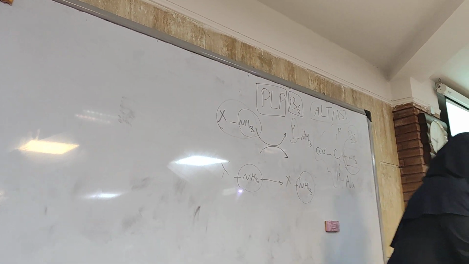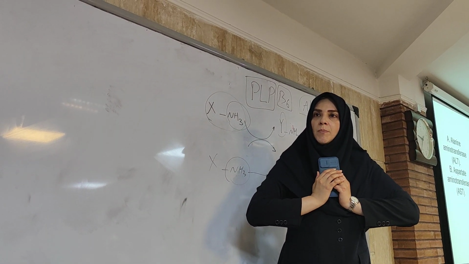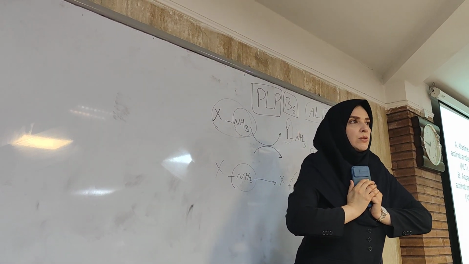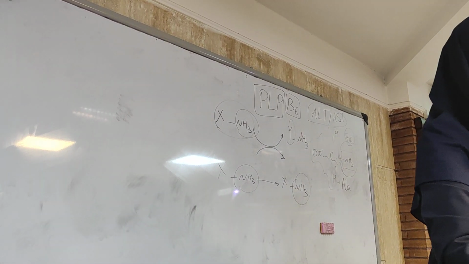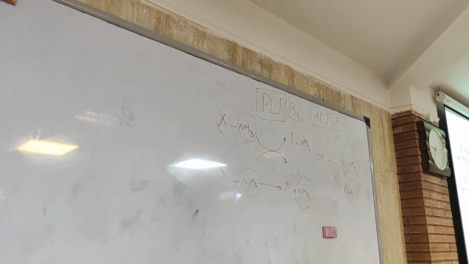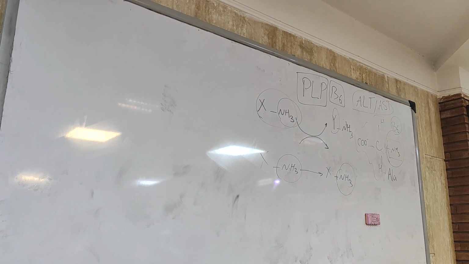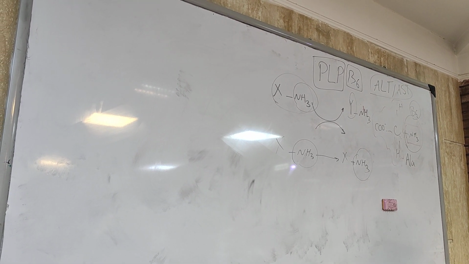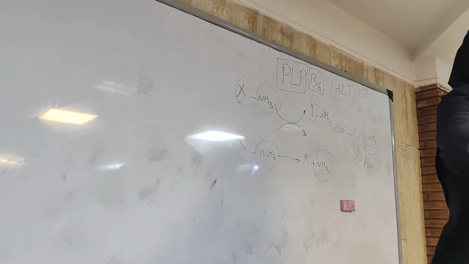After receiving an amine from any kind of amino acid, now I convert to the amino acid glutamate. This glutamate collects all, for example, from alanine, from aspartate, from, for example, lysine. This alpha ketoglutarate collects all the amine from all kinds of amino acids and converts to glutamate.